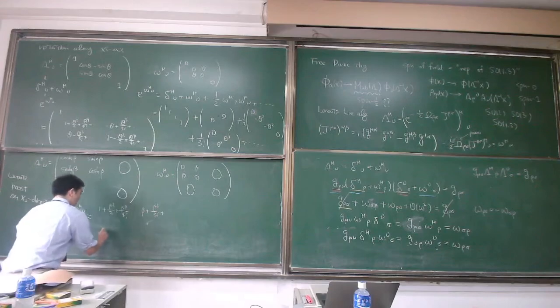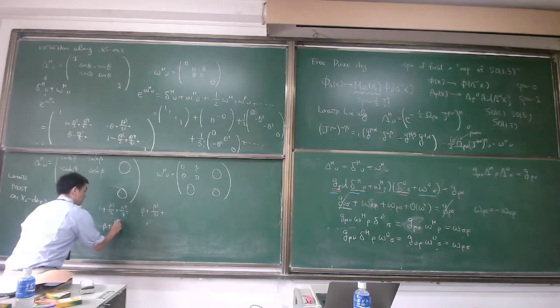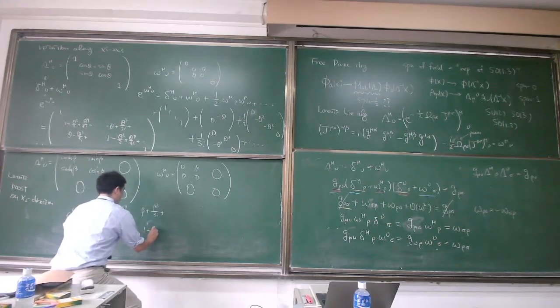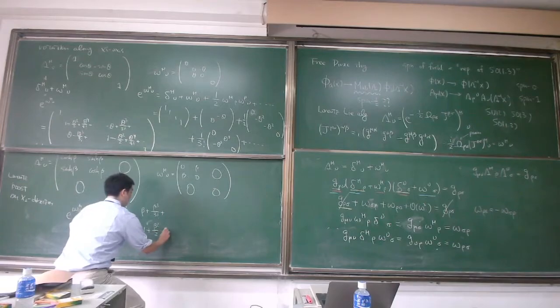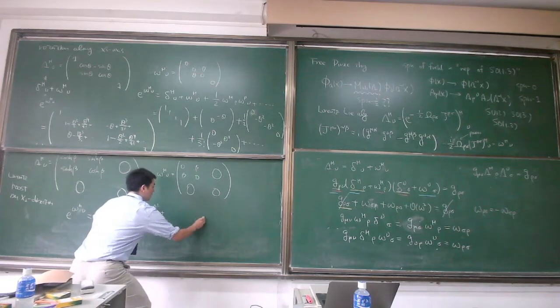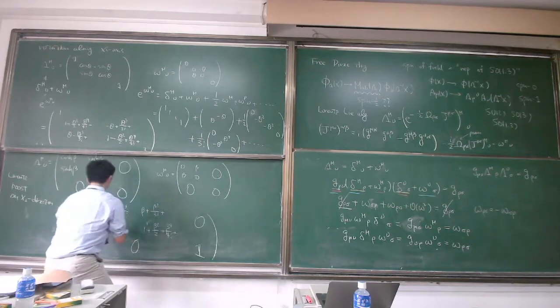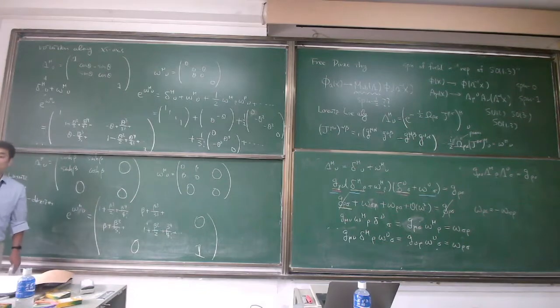The same thing. 3 factorial plus dot dot dot, 1 plus beta squared over 2 plus beta to the 4th over 4 factorial dot dot dot. And then 0, 0, and 1. Do you understand what I'm doing here? Okay, good.